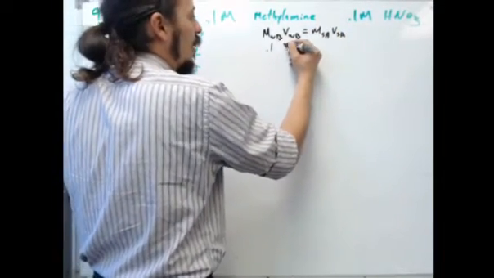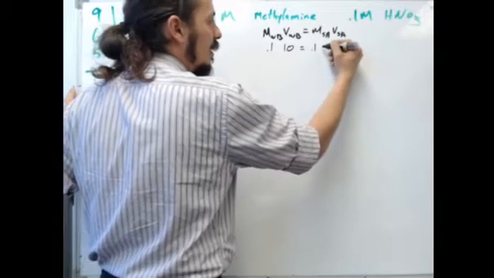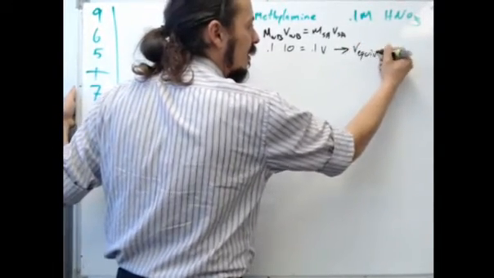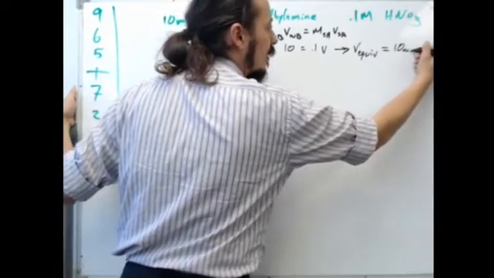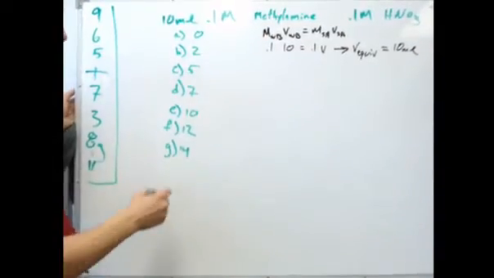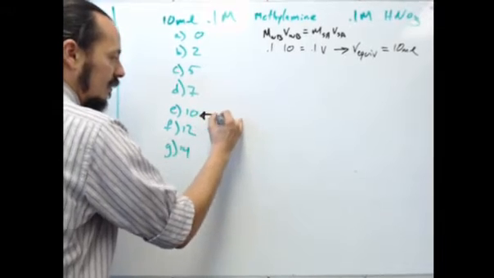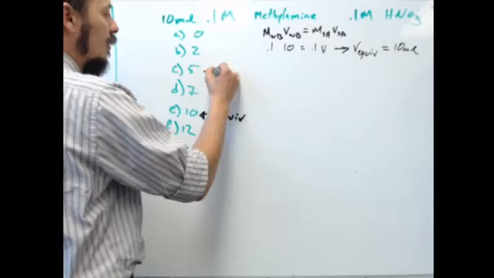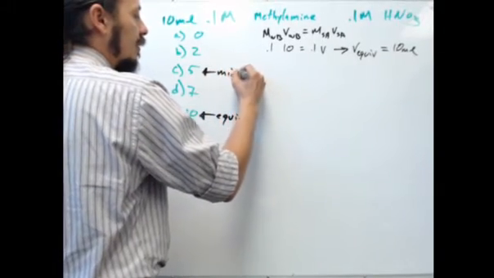Plug in 0.1, 10 equals 0.1 V, and get V to the equivalence point is equal to 10 milliliters, right? So I can instantly recognize where the equivalence point is, where the midpoint is.